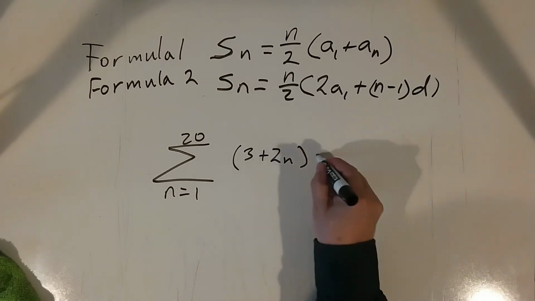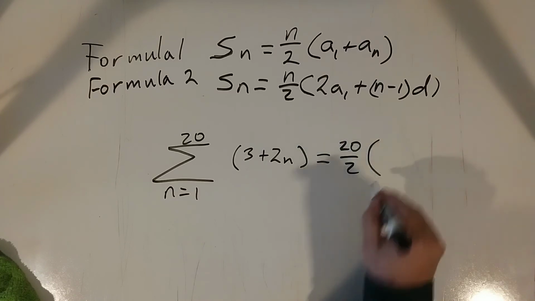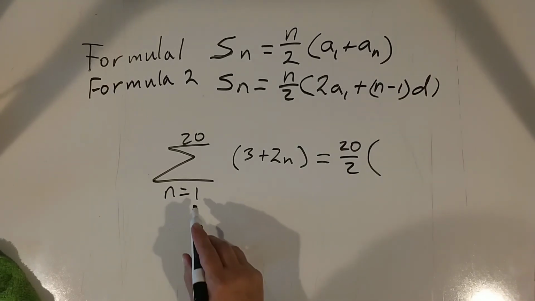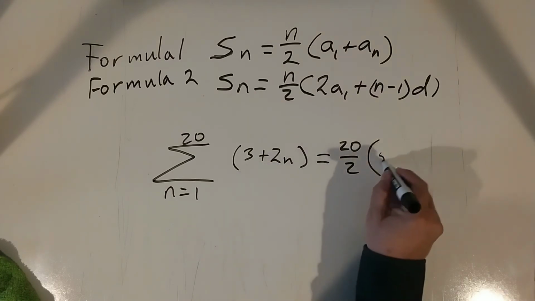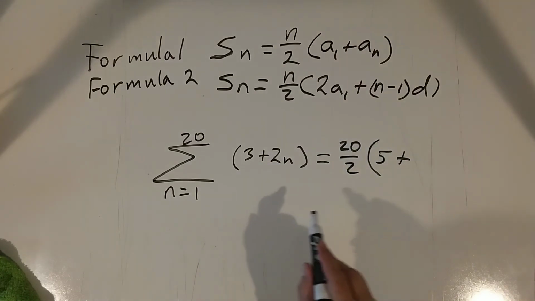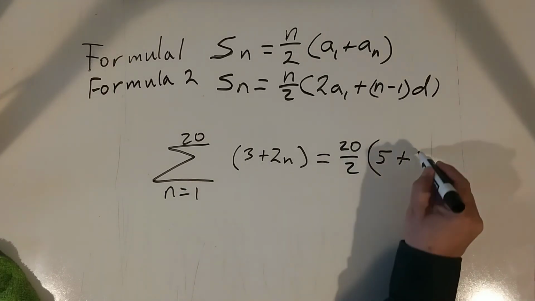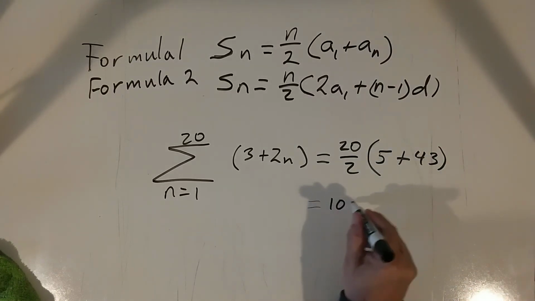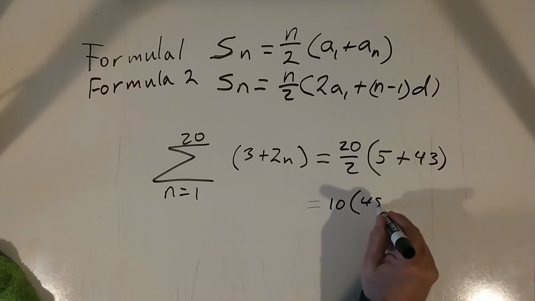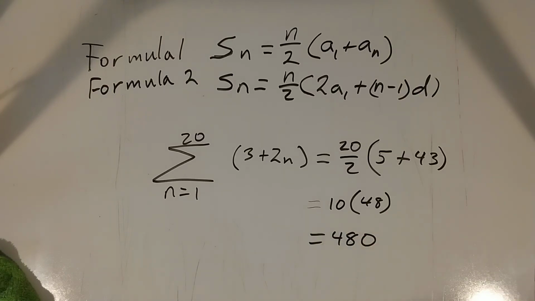So that's going to be n, 20, over 2, times the first term, and I find the first term by plugging 1 into the formula. 3 plus 2 is 5. And I can find the last term by putting 20 into the formula. 3 plus 40 is 43. This then is equal to 10 times 48, which is 480. So here I used formula 1.